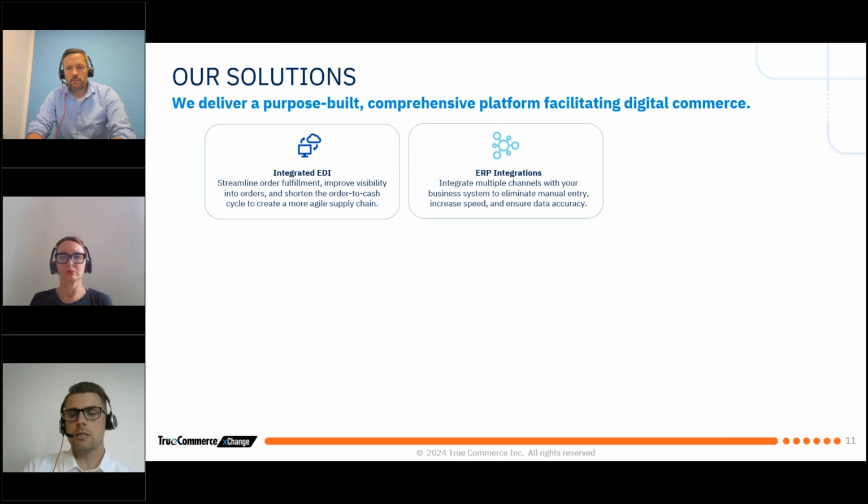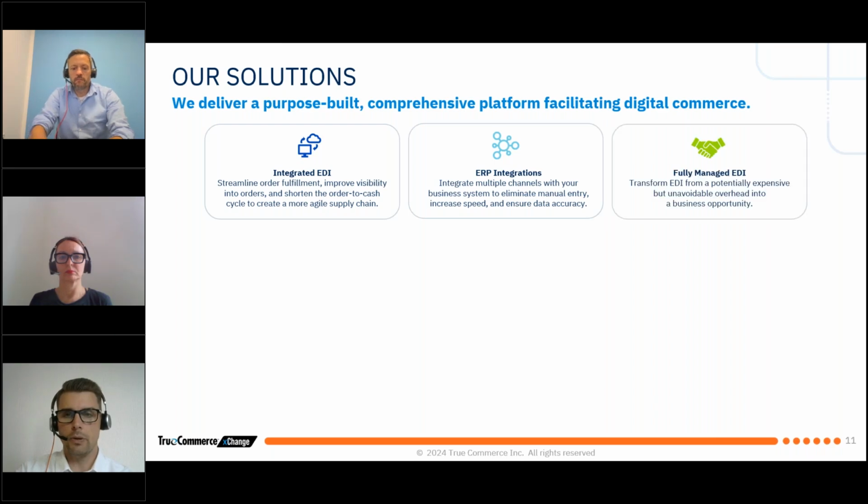So the list of advantages obviously goes on in terms of ERP integration. It's also fully managed, meaning that we've got the service that we overlay on top of it. That means that if you have questions or anything, you can always reach out to us. The solution is not only owned, but also operated by us from end to end. So that means that if there is a breakdown, we'll be able to find it right away. We don't have to reach out to a third party for it to find out what's going on.